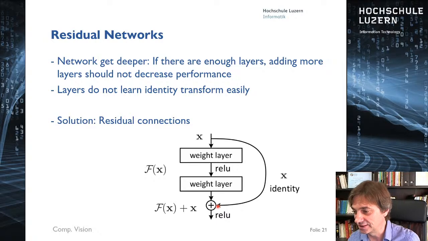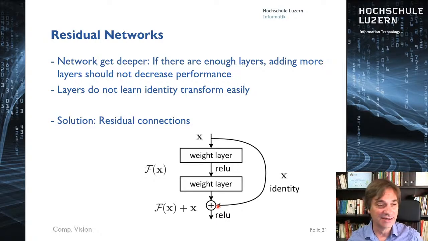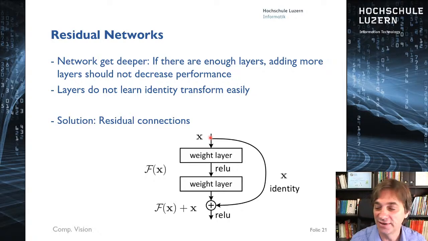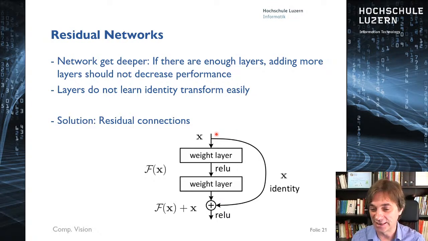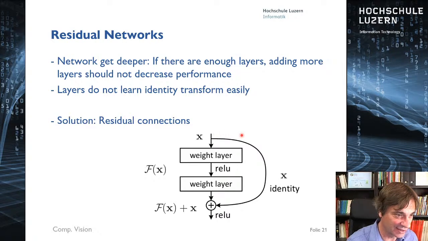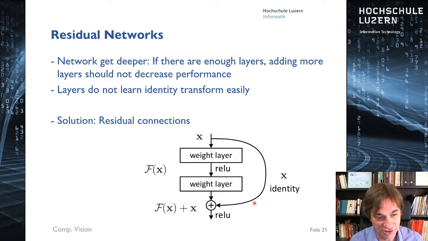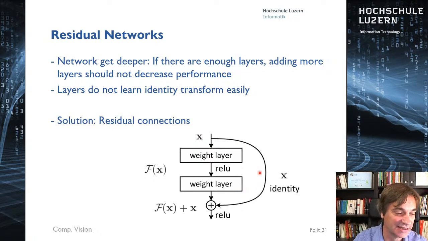So the question was about the identity transformation. The identity transformation is that you actually leave the values that you have exactly the same, so that you will have the output again as before. So it's like you add a layer, but it does not change the result, and then it will not get worse. And now with this shortcut here, this is called the residual connection.